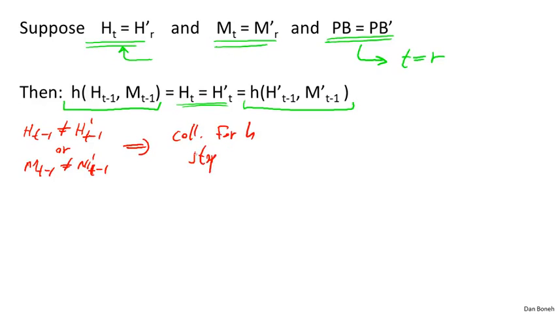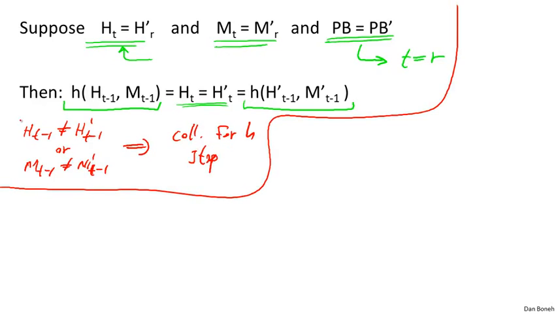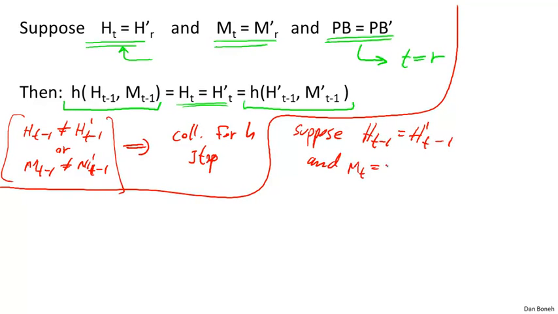We're done. So now the only case when we need to continue is if this condition over here doesn't hold, namely, let's suppose that h_{t-1} is equal to h'_{t-1}, and we already know that m_t is equal to m'_t, and m_{t-1} is equal to m'_{t-1}.